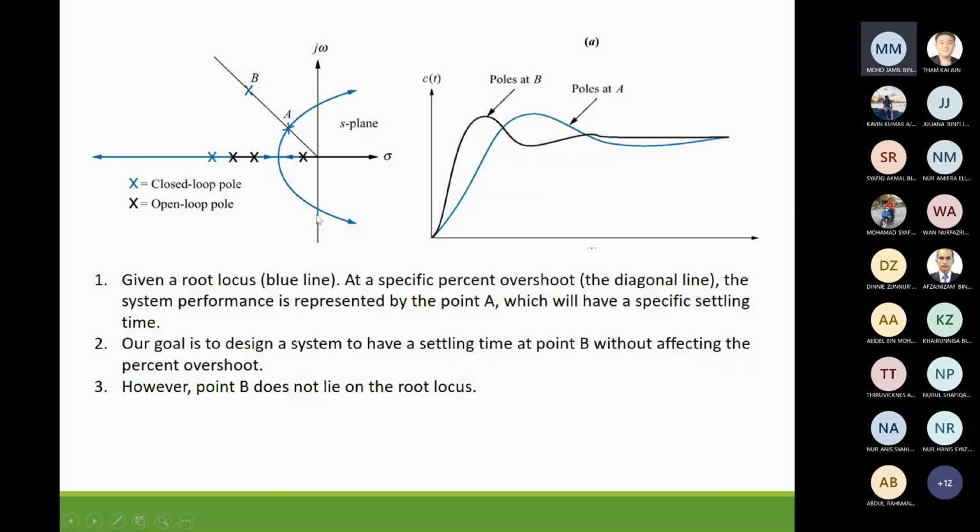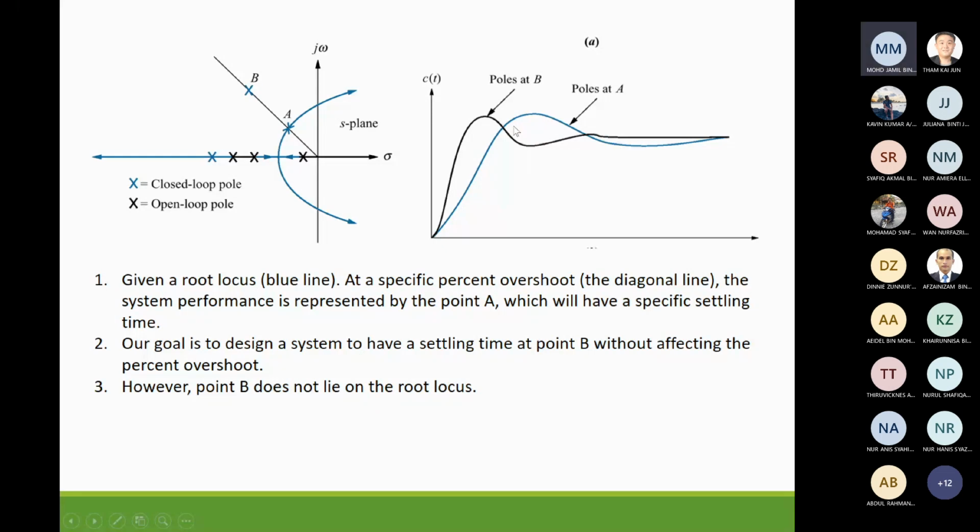At a specific percent overshoot, let's say this black line here that crosses A and B is the diagonal line that you use to find the percent overshoot. The system performance is represented by the crossing with the root locus at point A here. And if you sketch the time response of point A, then you will get the time response shown on figure A here, the blue curve.